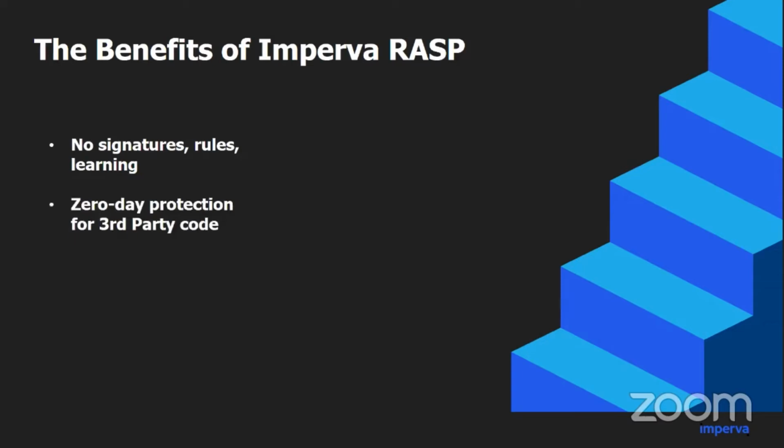Because it is at the application server level, it is protecting your application, third-party code, and providing zero-day vulnerability protection. When you are in the QA environment doing all of your dynamic testing, you will see a massively reduced vulnerability score. That then allows you to prioritize those vulnerabilities and the fixing of those by the application development team.